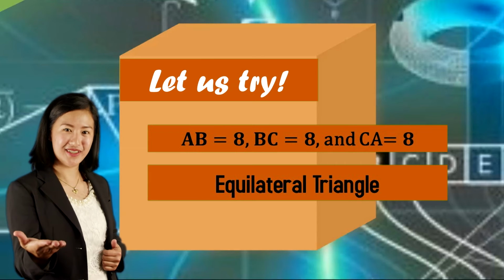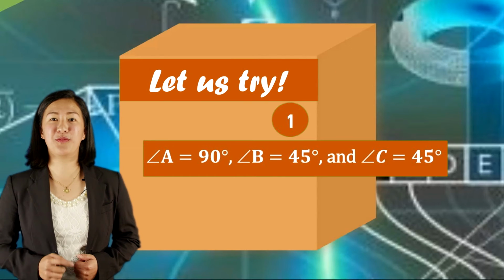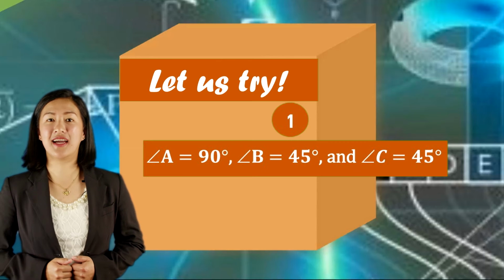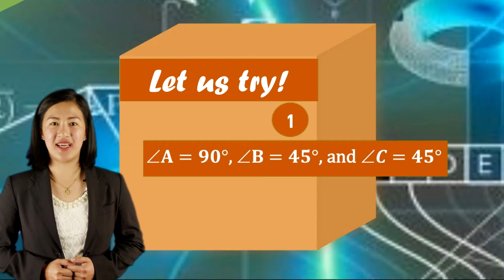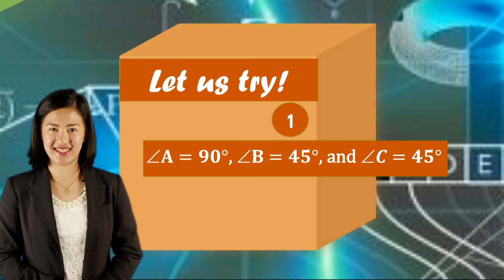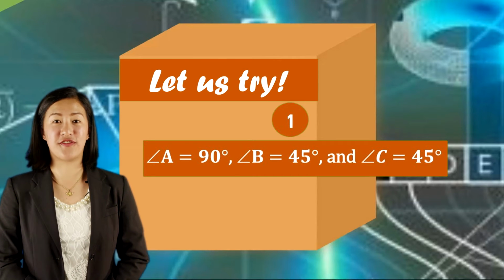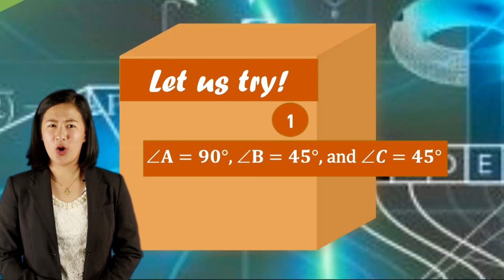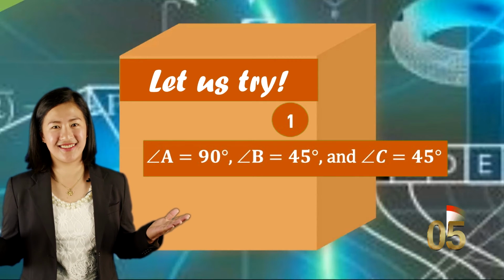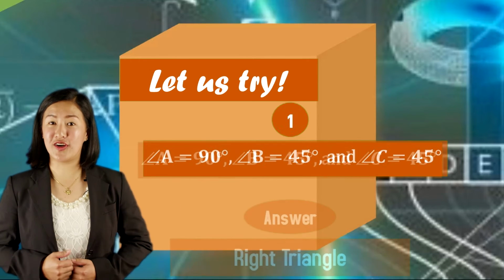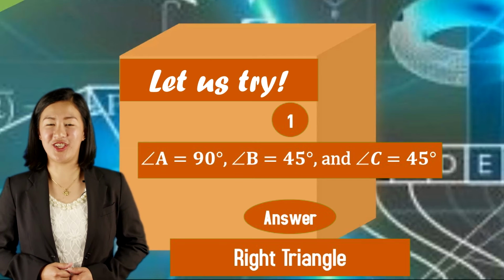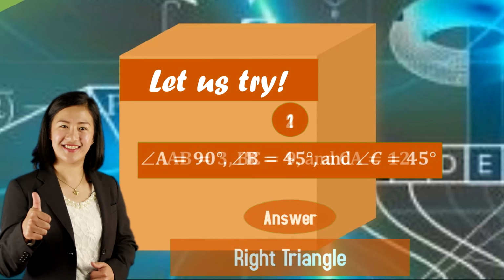Now it's your turn. Number 1. Angle A is 90 degrees. Angle B is 45 degrees. And angle C is 45 degrees. What type of triangle? If your answer is right triangle, you are correct.